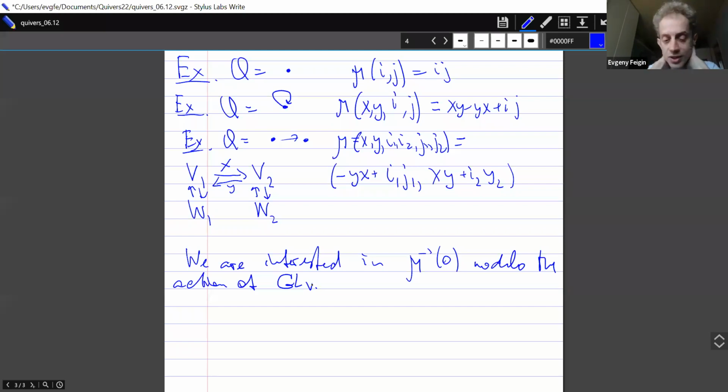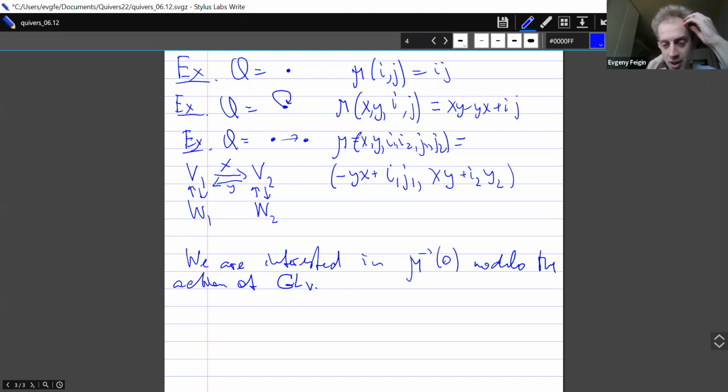In other words, we want to see the 0 level of the moment map, so the pre-image of 0. And also we are interested in orbits of V rather than of the whole pre-image itself. The reason why this makes sense will be clear from the examples we are going to have below.